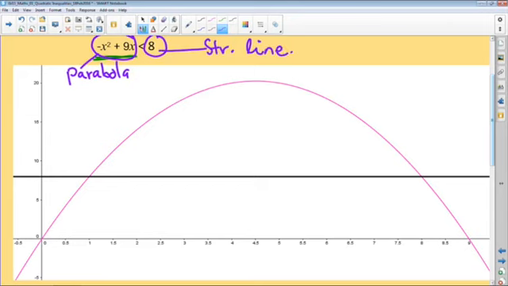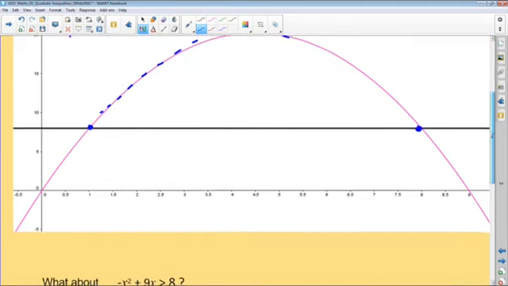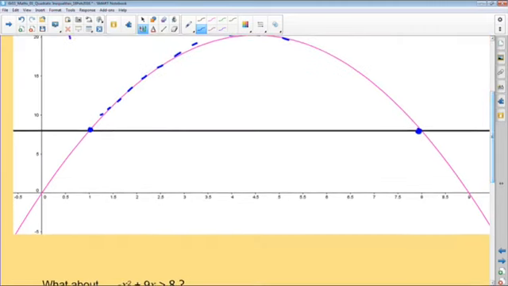Now, what does the less than mean? Where is the parabola below the straight line? Now we check here. This is our parabola. From this region all the way up, it's above the straight line. But going down this way, it's below the straight line. How do you write a solution here?